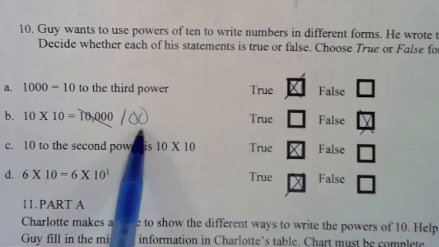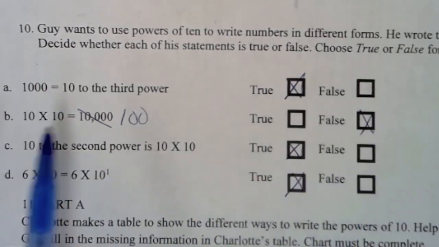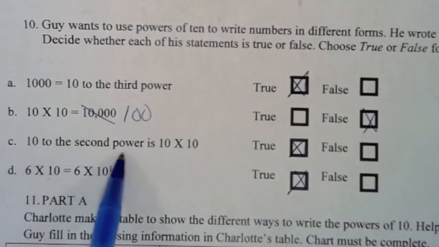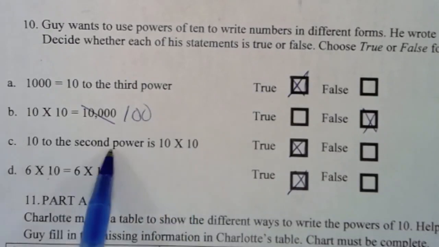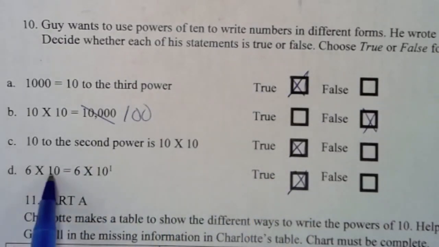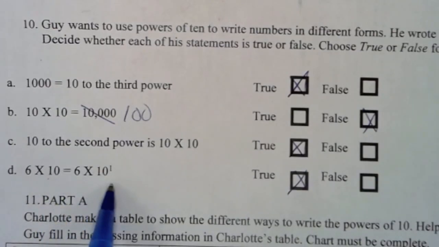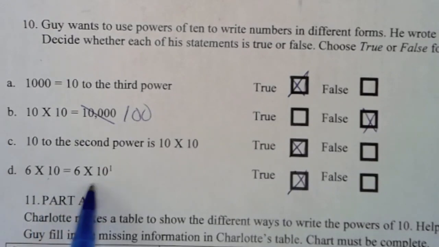No, it's not. It's 100. That's false. 2 tens, 10 times 10 is 100. 10 to the second power is 10 times 10. Second power, 2 tens, yes, that's true. 6 times 10 is the same thing as 6 times 10 to the first. 10 to the first is the same thing as 10. Those are both the same exact thing, so that was true.